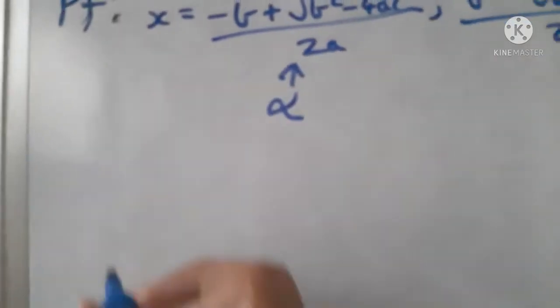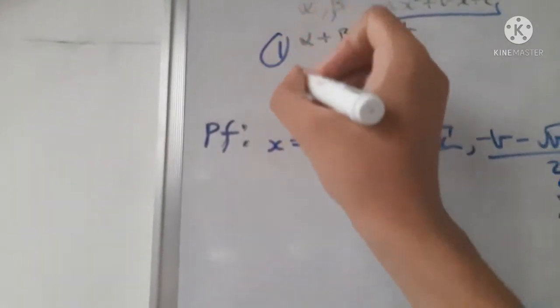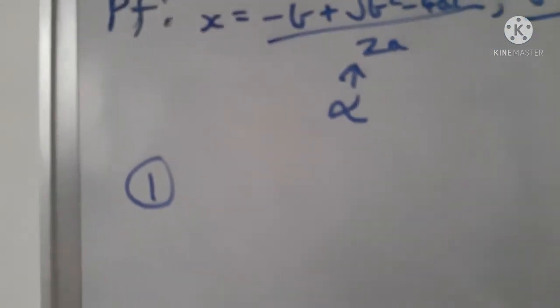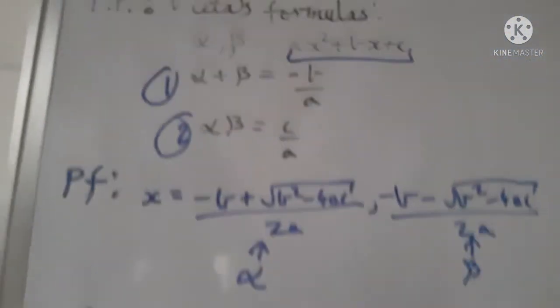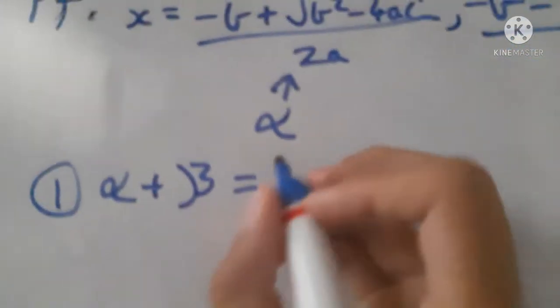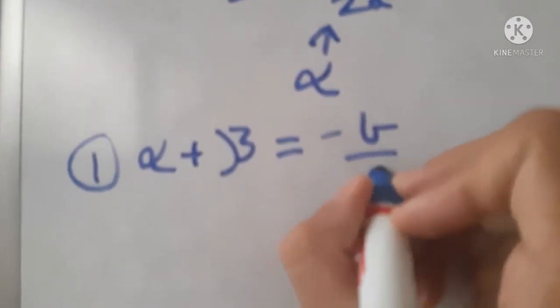Now moving on to actually proving them. Let's prove the first one. Let's call this 1, let's call this 2. So for 1, it says alpha plus beta is equal to minus b upon a.